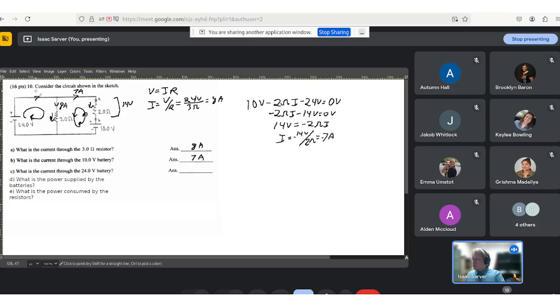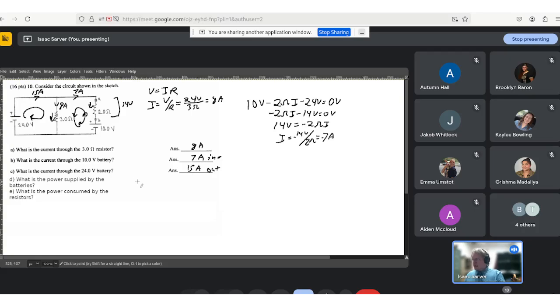So we have 15 amps coming out. Going in, coming out, and it doesn't matter. Okay. But the signs on these do matter for this next part.